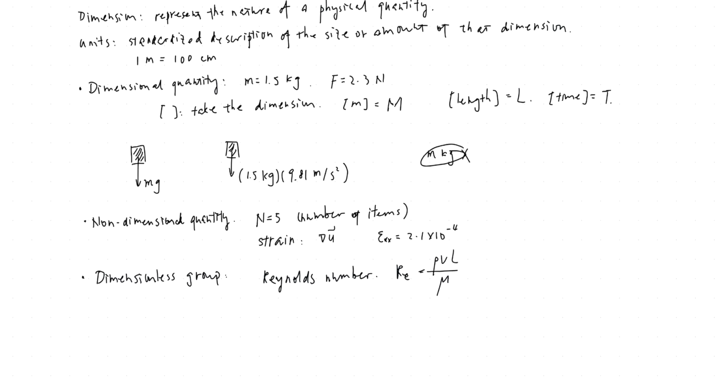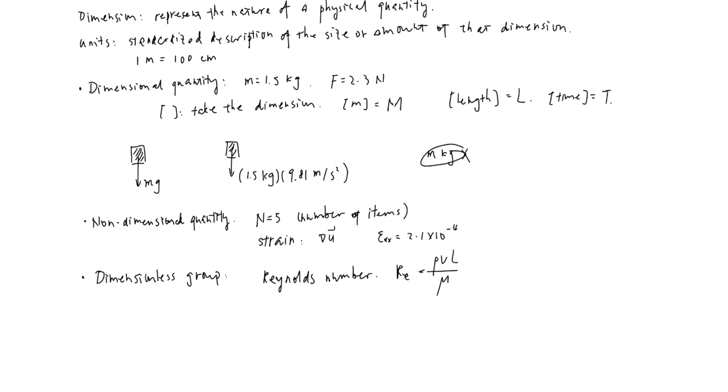Non-dimensional groups are extremely helpful because they often give you hints or insights into the relative importance of some process. For example, for the Reynolds number, if you look at the numerator, you have rho. Rho has mass in it, and you have a feeling of something related to kinetics or momentum. And V is velocity.